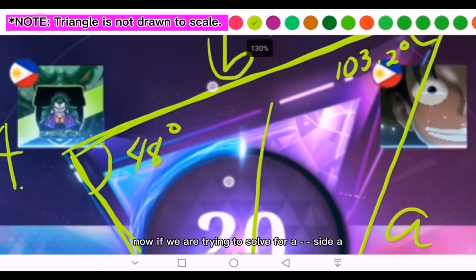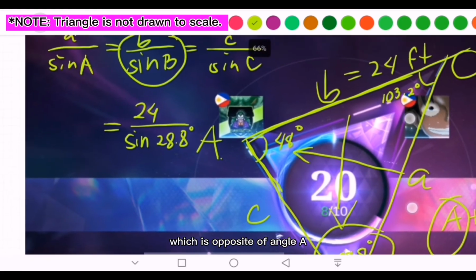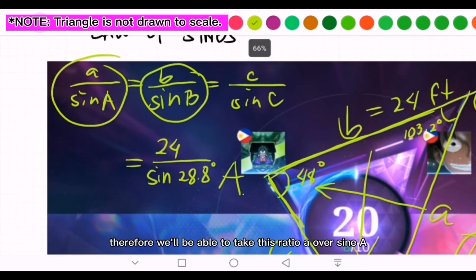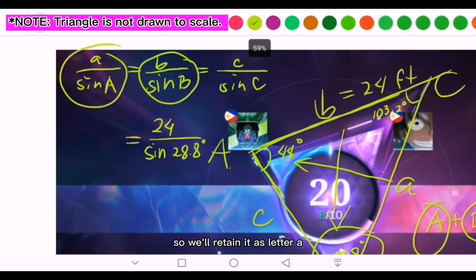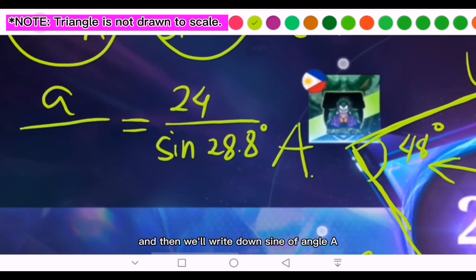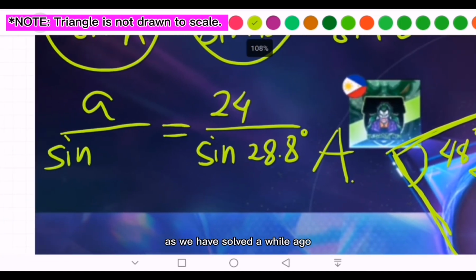Now, to solve for side a, which is opposite angle A, we take the ratio a over sine A. Since a is unknown, we retain it as letter a, and sine of angle A is sine 48 degrees, as we solved a while ago.